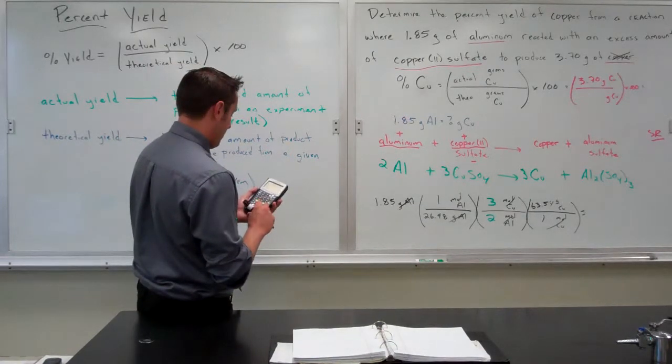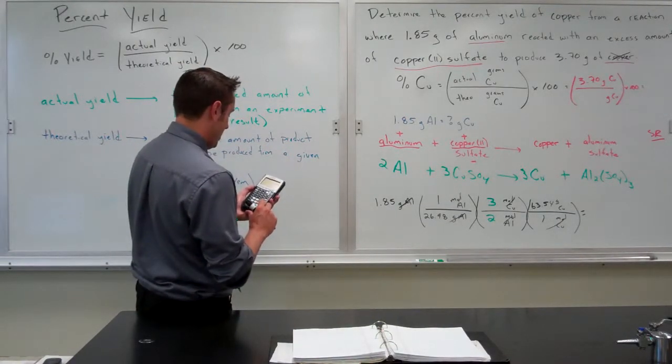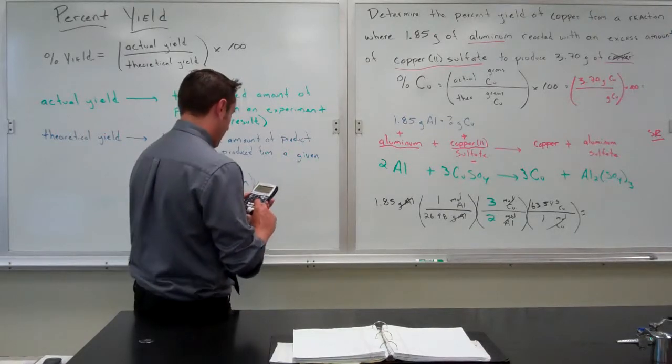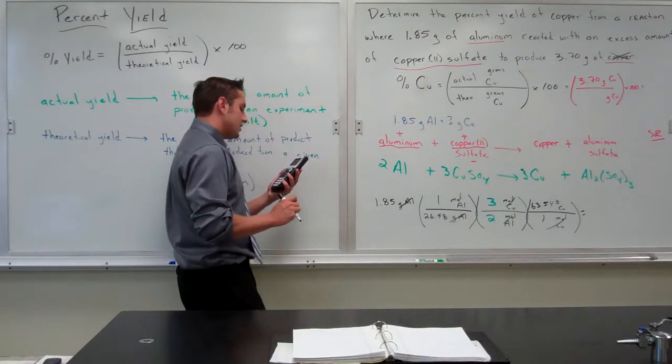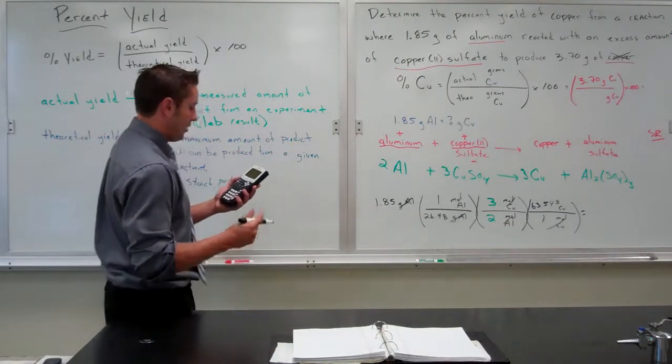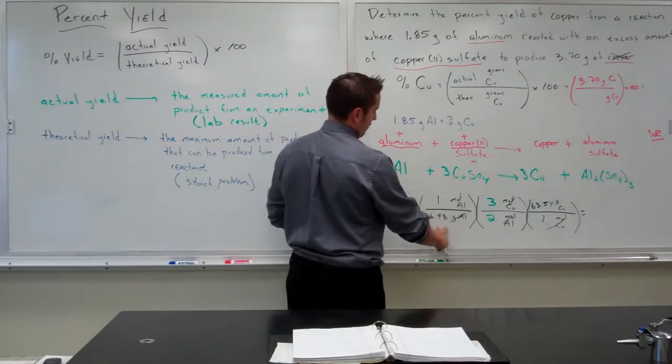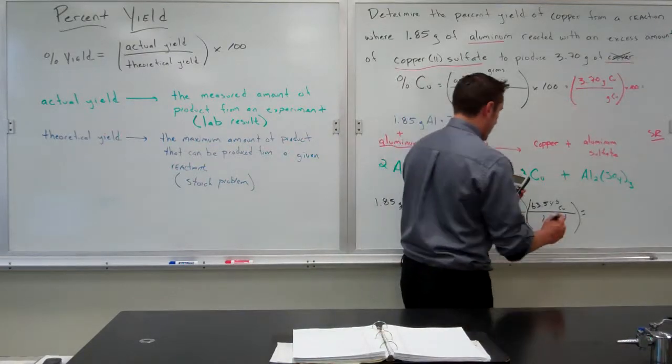So now we're able to get ourselves a number for what we're looking for. 1.85 divided by 26.98 times 3 divided by 2 times 63.54. My calc says 6.53534. Right? Take a look at your sig figs. 3 here, 4 here, 4 here means 3 in my answer.